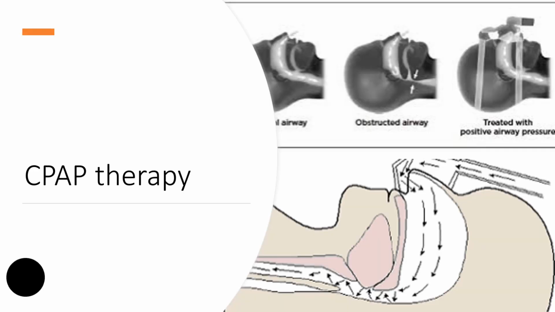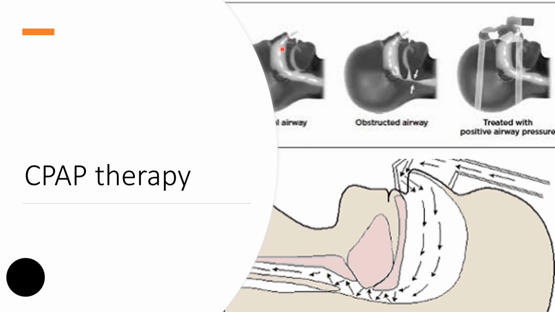So the gold standard treatment for sleep apnea is something called CPAP, which stands for continuous positive airway pressure. What this involves is wearing a mask, and I'll go into the masks in a second, but basically the mask is delivering air, and you can see air by these arrows into the airway and splinting open that airway.